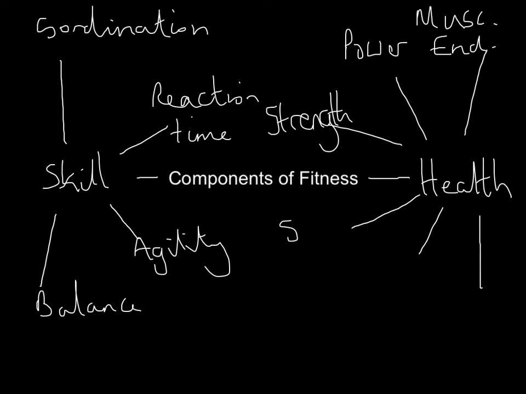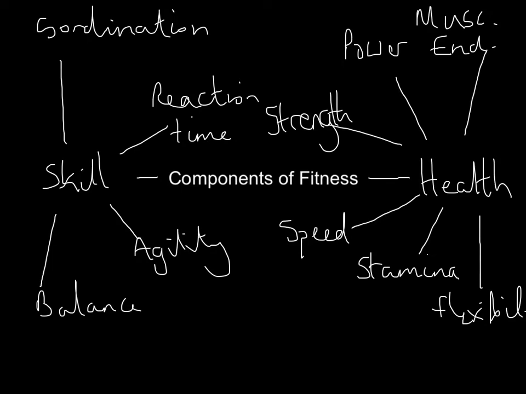We also have speed, stamina, or cardiovascular endurance, cardiorespiratory endurance, aerobic endurance, however you prefer to know it. It's all worth the same mark in the question papers and the mark schemes. And finally, we have flexibility. Okay, run out of space. And again, appalling handwriting, but I apologise for that. You get the gist of it.